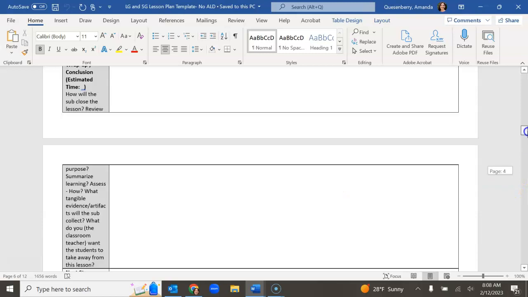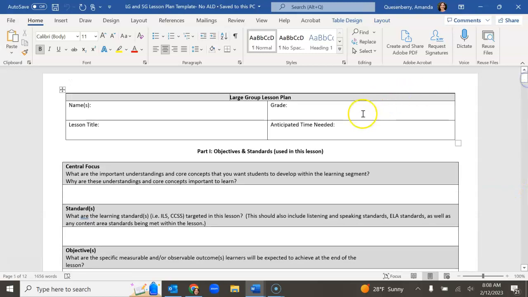So like we've talked about in class, the large group lesson is where we introduce topics, where we get students interested, we take a peek into their prior knowledge about this topic, and then the small group lesson would come after the large group lesson and dive deeper into that content to support what you have taught them in the large group lesson.